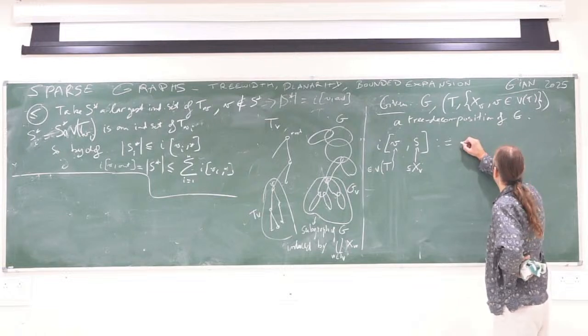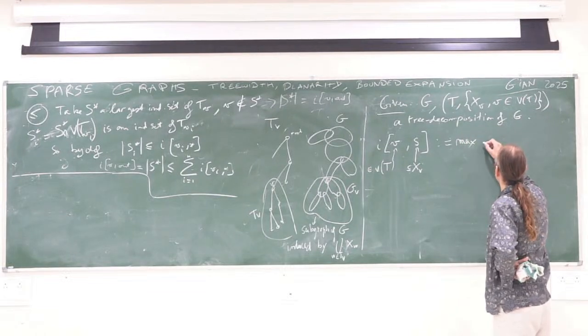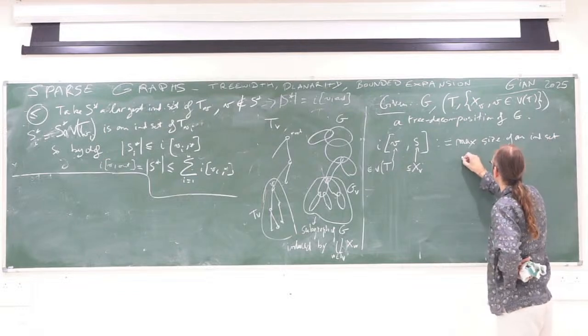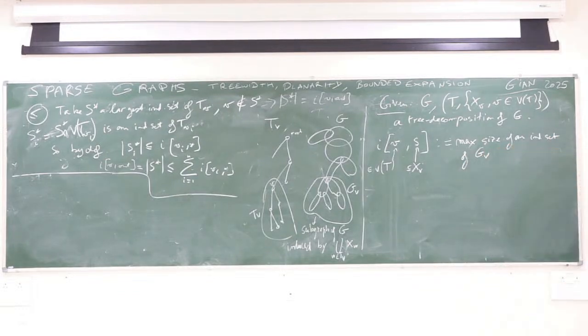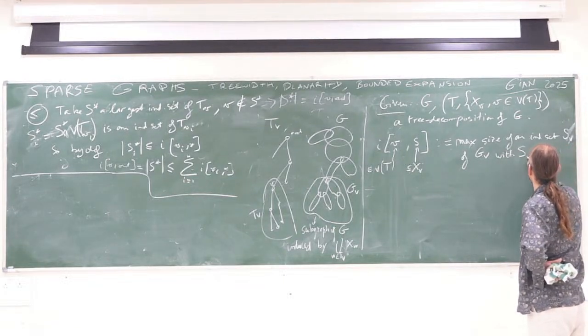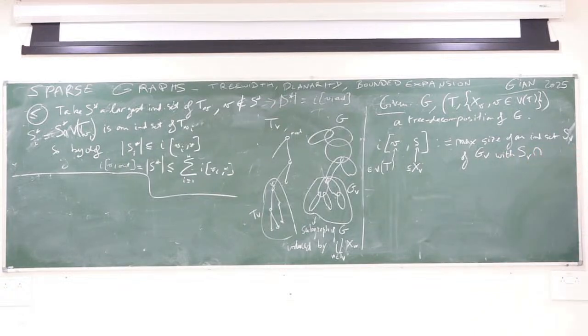This is the maximum size of an independent set of G_V which intersects our bag precisely in this S.